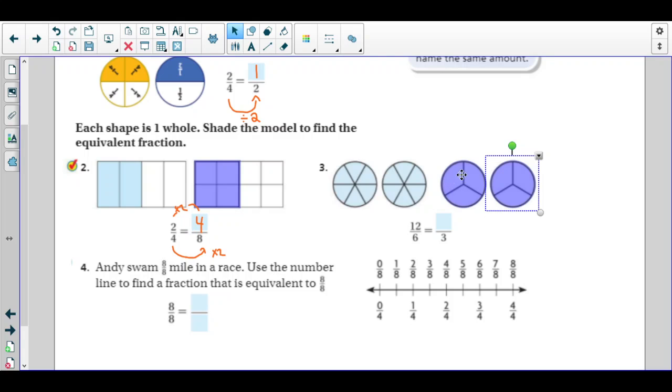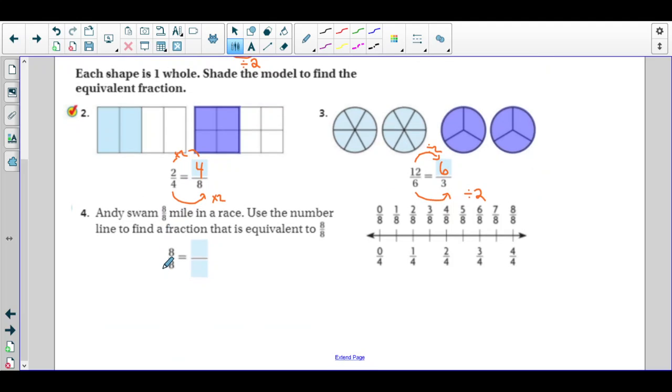And how many? 1, 2, 3, 4, 5, 6. 6 pieces. All right. And again, from here to here we got smaller, 6 to 3, so we're going to divide. So 6 divided by what number gives me 3? That's 2. So up here, we would need to divide the same thing. 12 divided by 2 gives me 6.